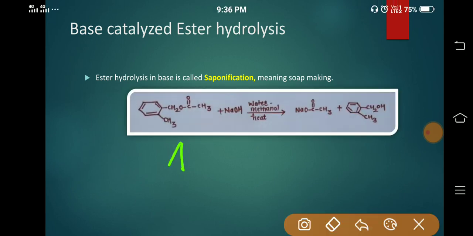Here, orthomethyl benzyl acetate on base hydrolysis in the presence of water on heating will lead to the sodium salt of acetic acid and the alcohol molecule.